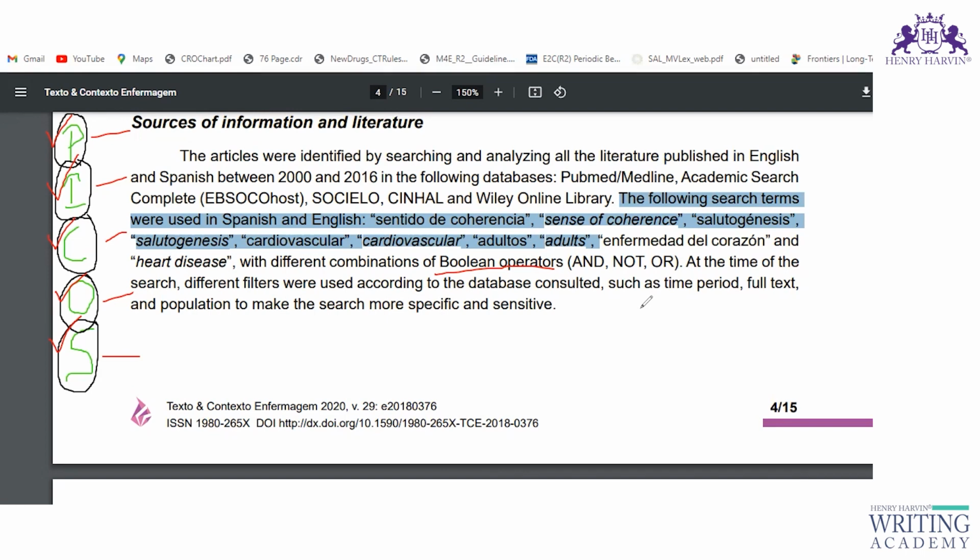So by making certain combinations of the keywords, you can do your searching. This is how you can search your information, and all these things you have to mention in your article. Like when you are mentioning how you have identified the studies, the first thing you have to mention is the timeline.